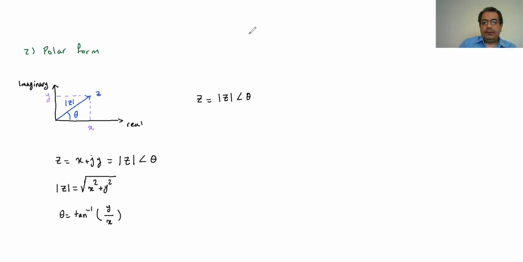So this magnitude here, this distance here, is z cosine theta, and this magnitude here is just z sine theta.